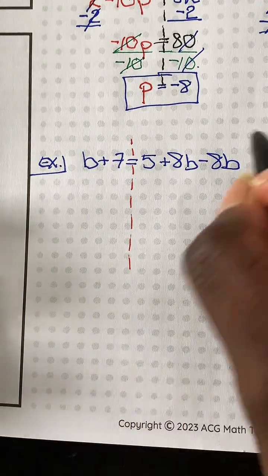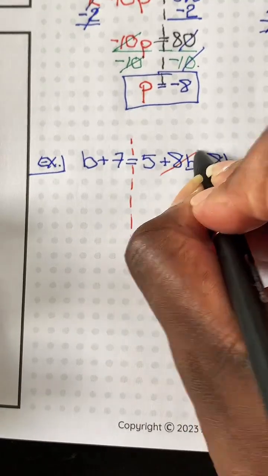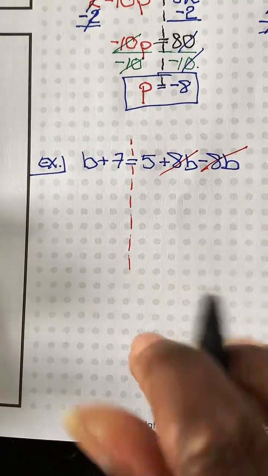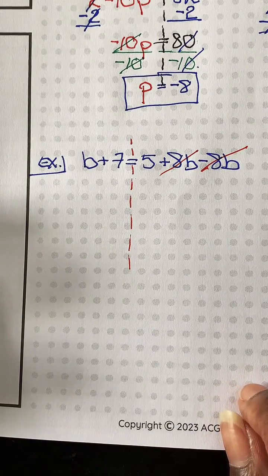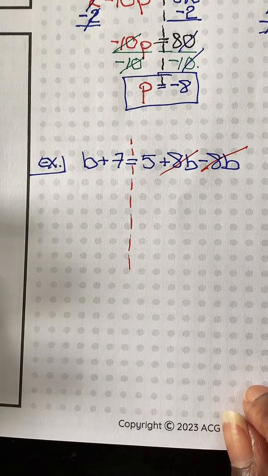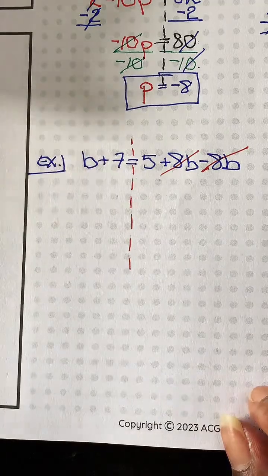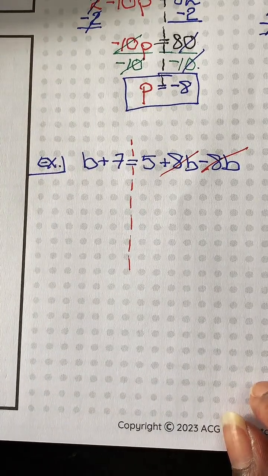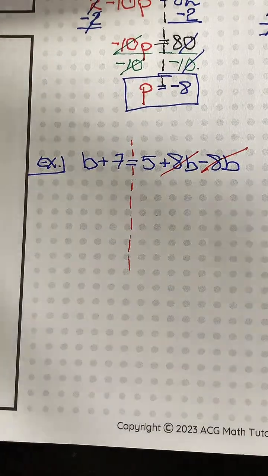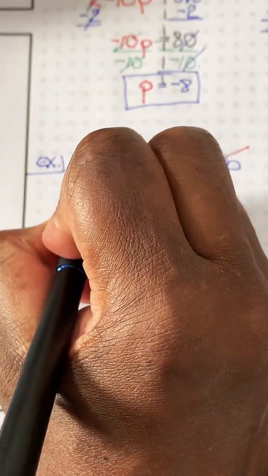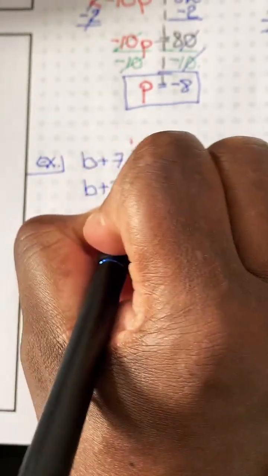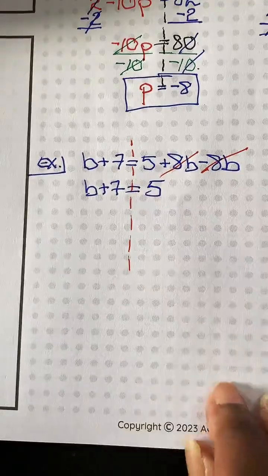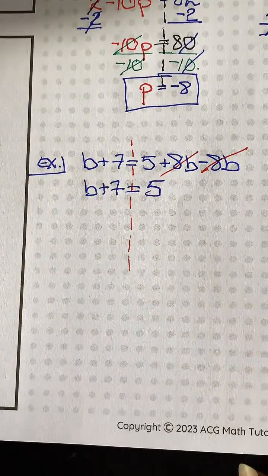I have like terms. 8b minus 8b gives me 0. They cancel out. Cancel that out. So now all we have is b plus 7 is equal to 5. Okay? Now it doesn't look as complicated.